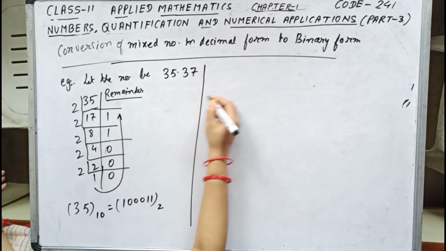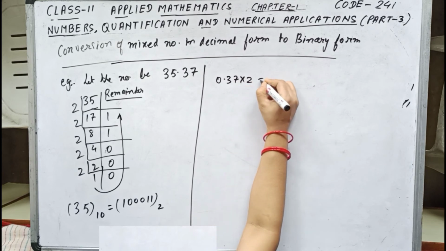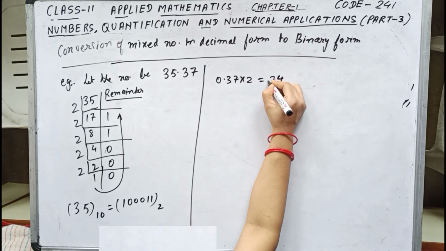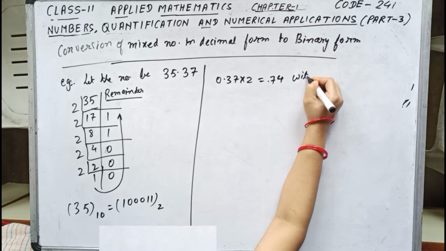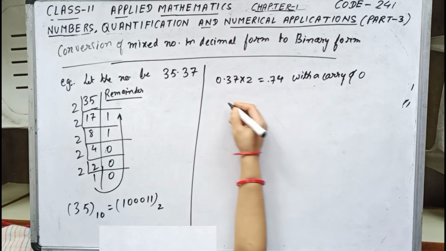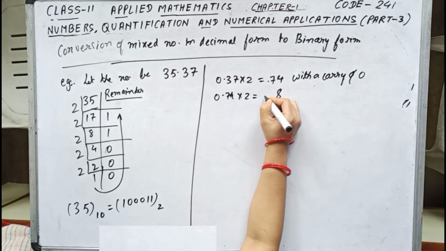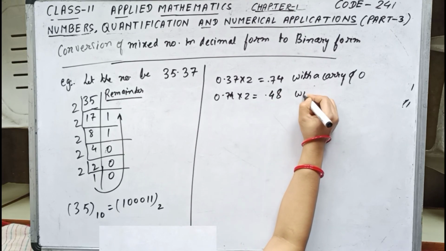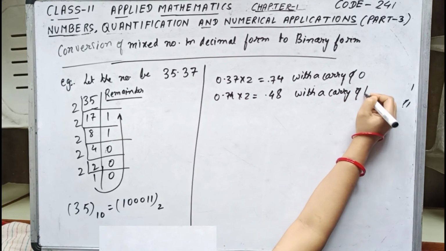You can give this symbol. Now for 0.37 into 2, with a carry of 0. Now 0.74 into 2, 1.48, but this one I am writing over here as a carry, with a carry of 1.